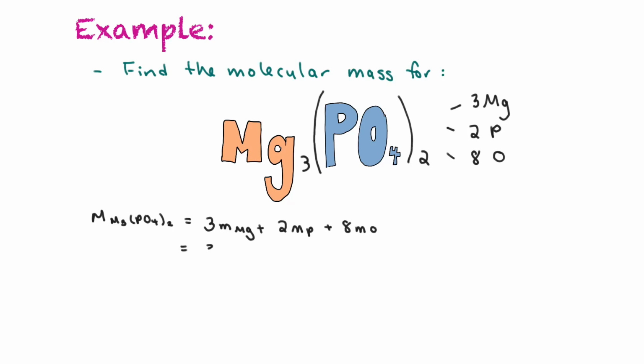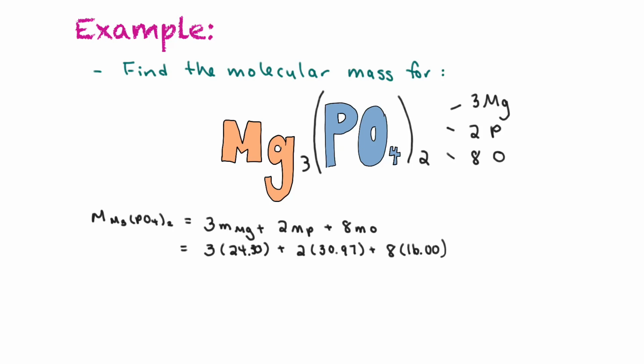So that equals 3 times 24.30 plus 2 times 30.97 plus 8 times 16.00. You'll notice for solving these types of problems, you actually need to have a periodic table handy at all times.